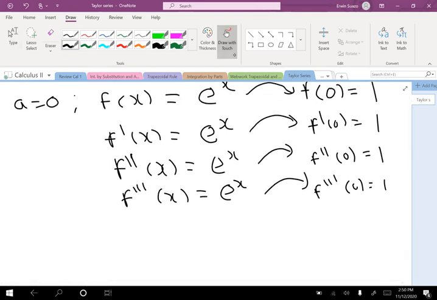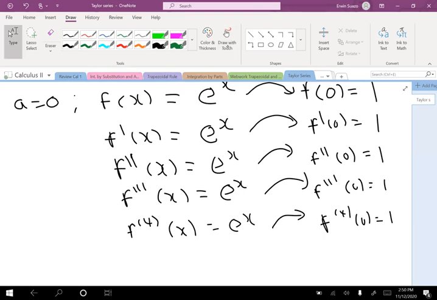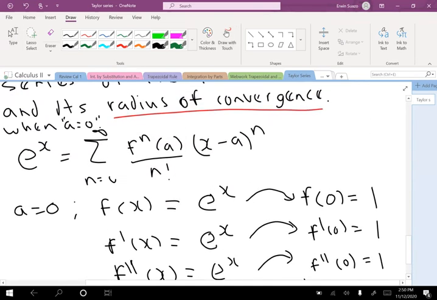You don't want to keep doing lines like that, so you just say the fourth derivative of f of x is e to the x, evaluated at 0 gives you 1. You know how the derivatives are going to go, so it's just ones.